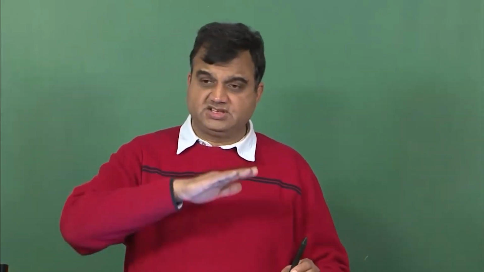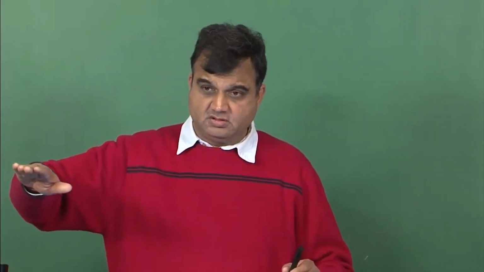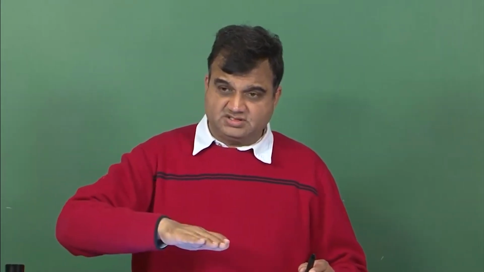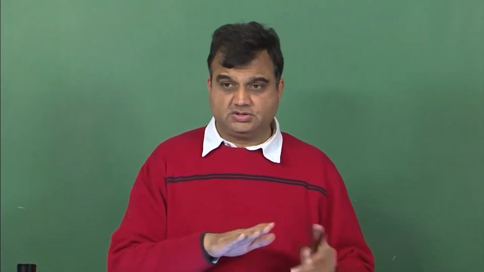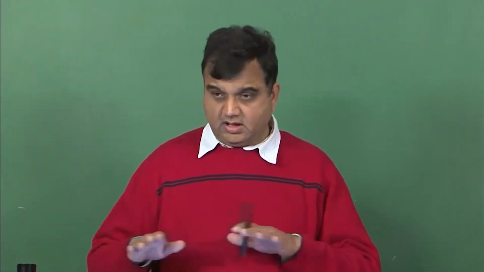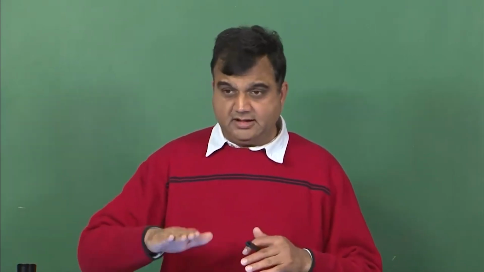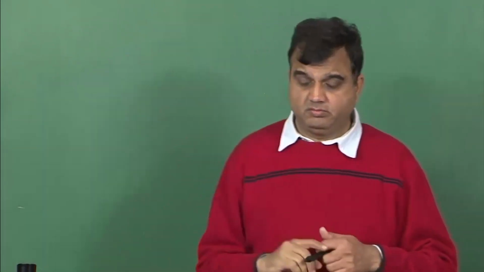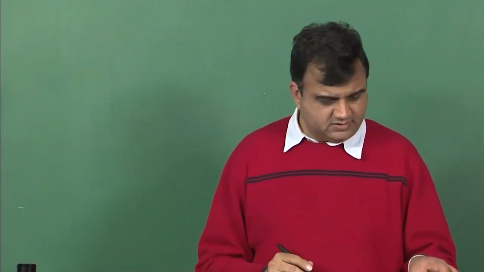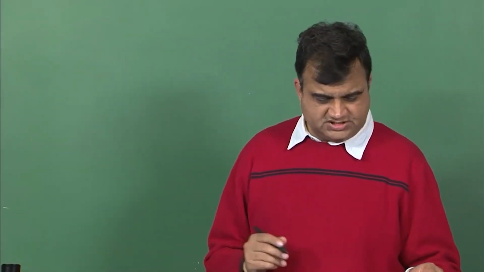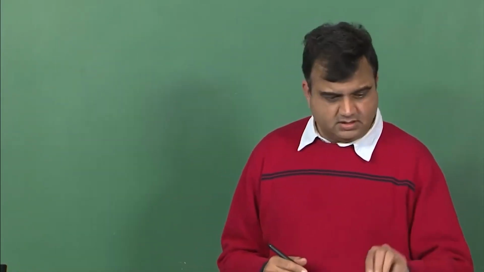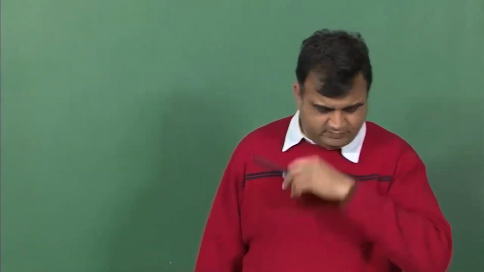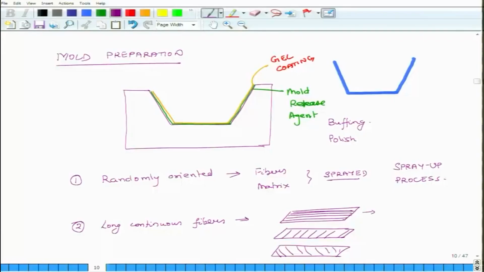Then you place the second layer of fibers, and then again you put matrix, again you roll it so that wetting is proper, air is removed, and layer by layer you build up the whole thing, okay. So this is the second way of doing this. Let us look at two pictures which explain this process further.